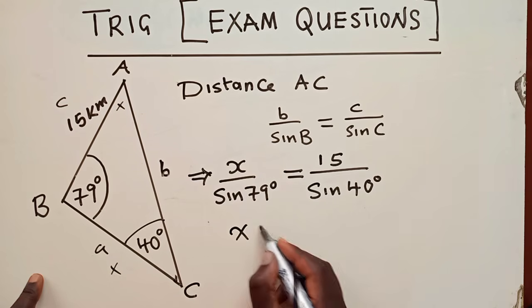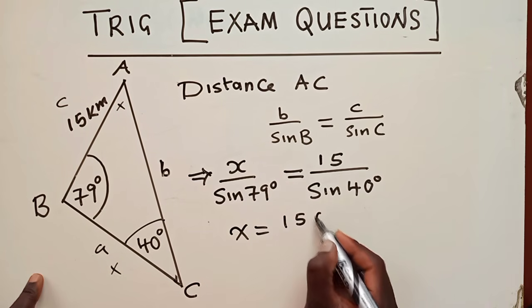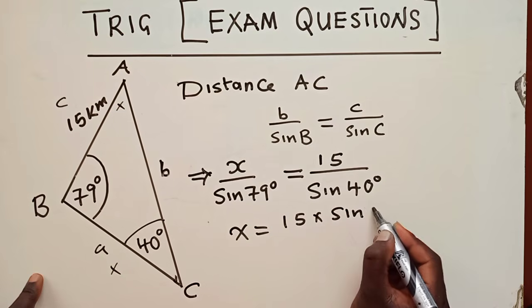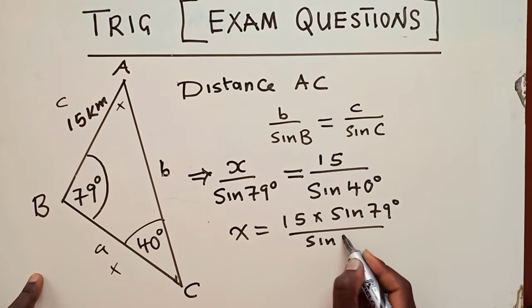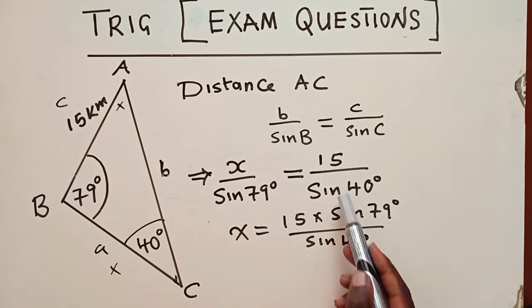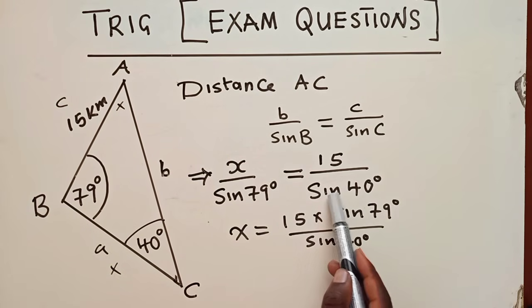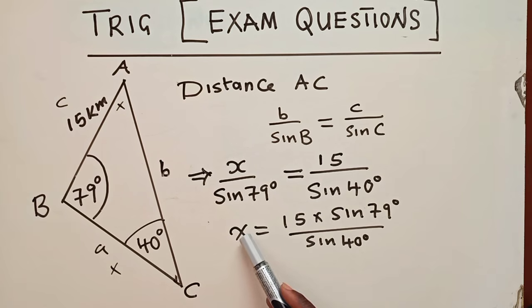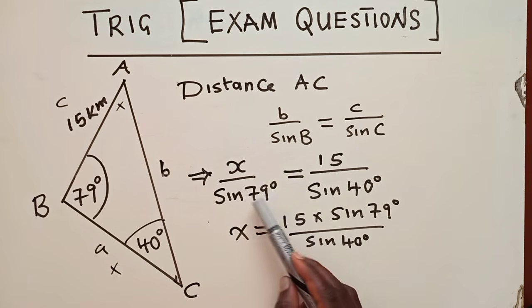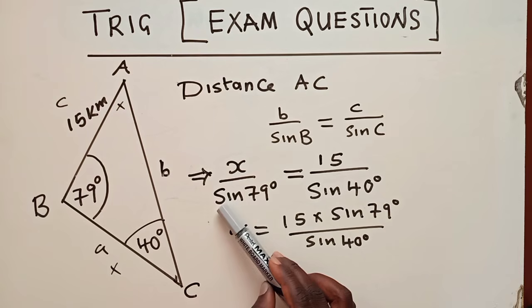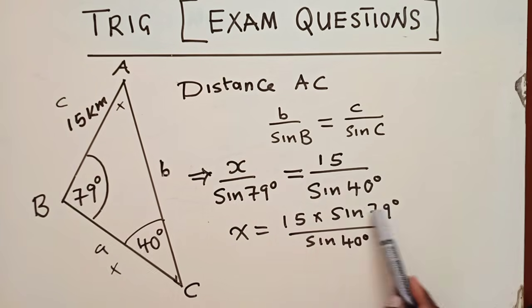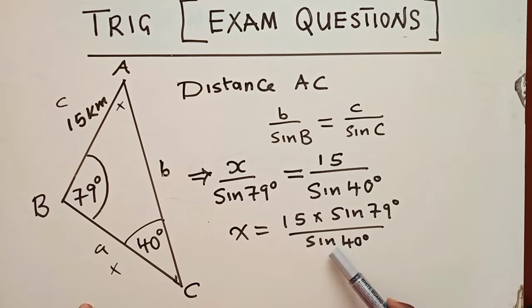So we have x is equal to 15 times sine 79 degrees over sine 40 degrees. When we say x times sine 40, it is x sine 40 equal to 15 multiplied by sine 79, so we come and divide by sine 40. That's why I've just gone direct to dividing.